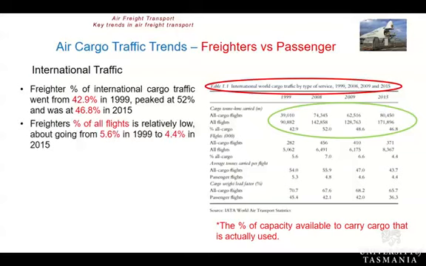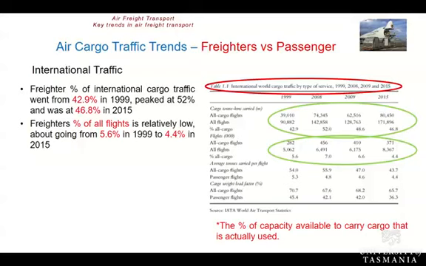Now, where it becomes a little bit interesting is when you have a look at the percentage of all flights that freighters are part of. So if we have a look at those numbers there, what that tells us is that in 1999, 5.6% of all flights were freighters.